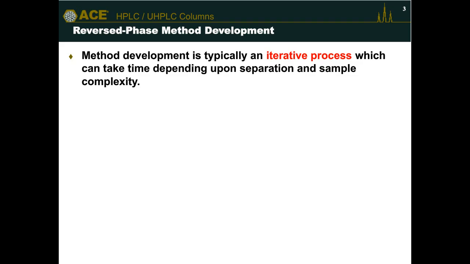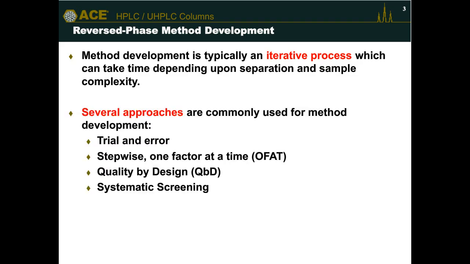Now, there are different ways to do method development. There's the trial and error approach, as I've just explained. Some people do a stepwise approach, a so-called one factor at a time. So systematically, they work through different chromatographic parameters and see how that influences the retention and separation of the compounds they see in their samples.